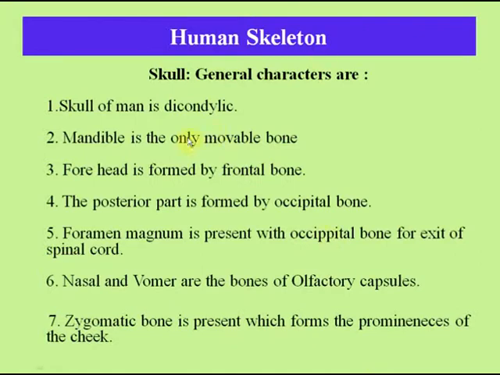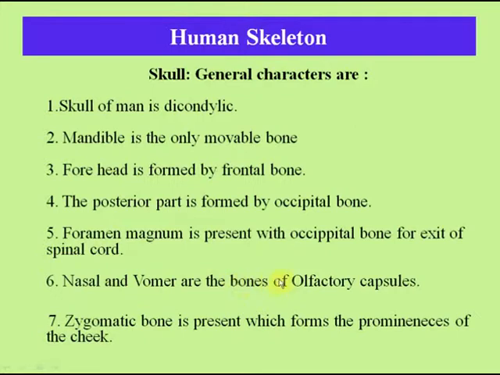That's why the skull of man is dicondylic. The mandible or jawbone is the only movable bone of the skull. The forehead is formed by the frontal bone. The posterior part is formed by the occipital bone, and the foramen magnum is present in the occipital bone for exit of the spinal cord.